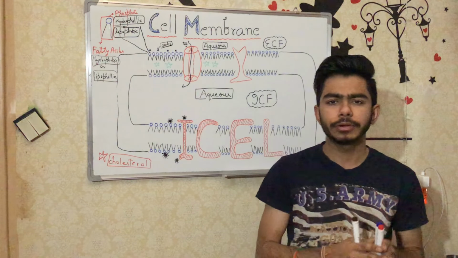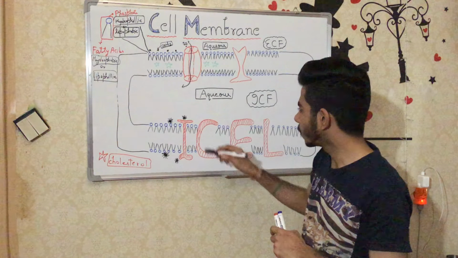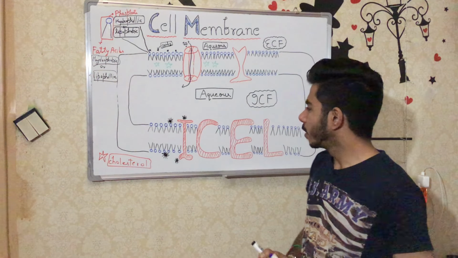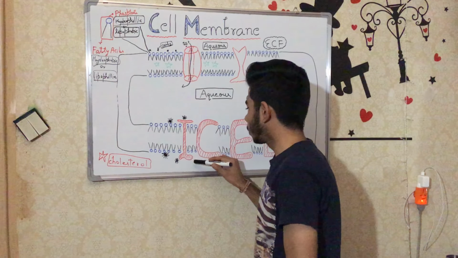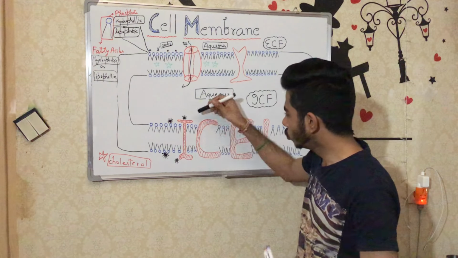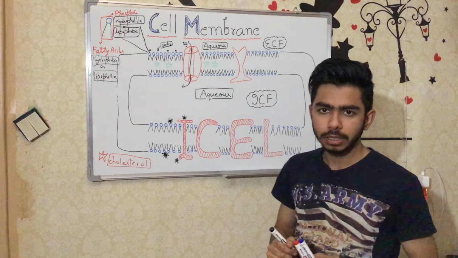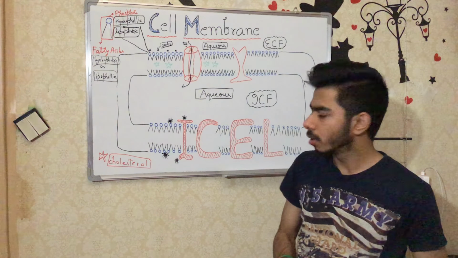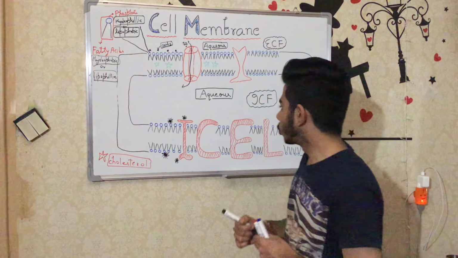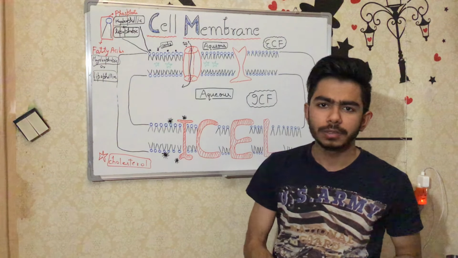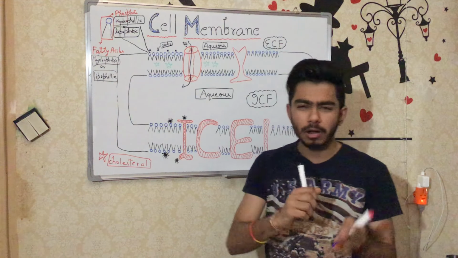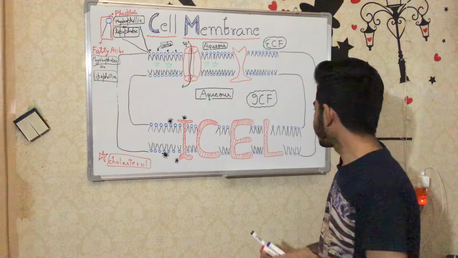First, the integral proteins or transmembrane proteins, which I have drawn over here in the shape of an eye just to remember it. These are present through the cell membrane, that's why they are also called transmembrane or integral proteins. They also have the carrier proteins, and the enzymes which help in biotransformation of some molecules.